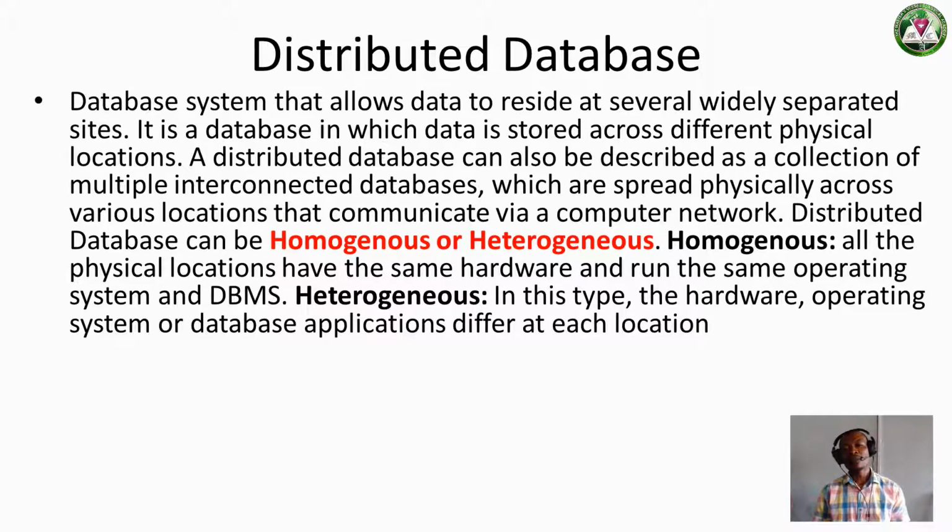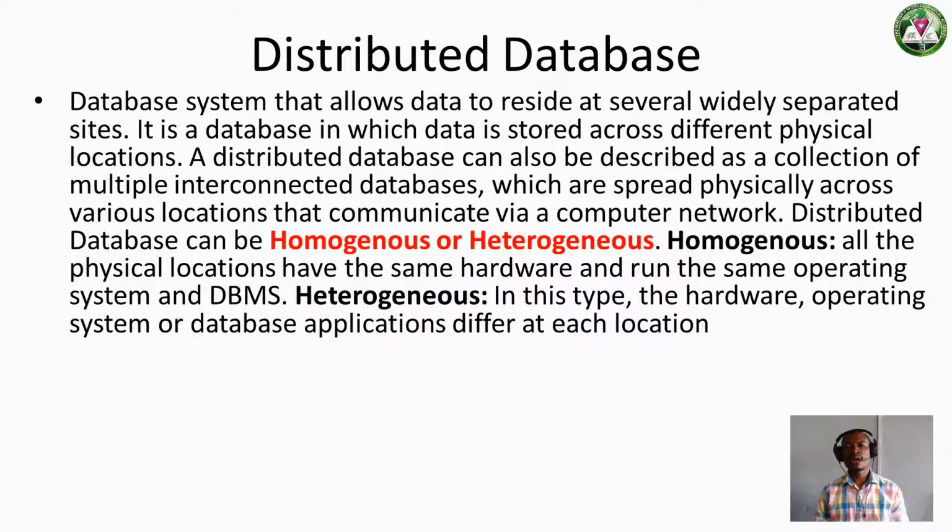In this type, the hardware, the operating system, or the database application, that is the DBMS, differ at each location. That means location A has a different operating system, different hardware, and a different database application. Location B also has different ones, but still all of them are integrated into one database. Do you understand? That is the difference between homogeneous and heterogeneous distributed database systems.